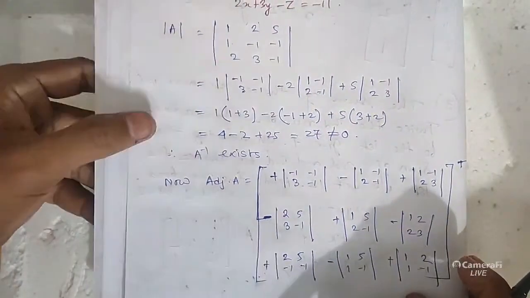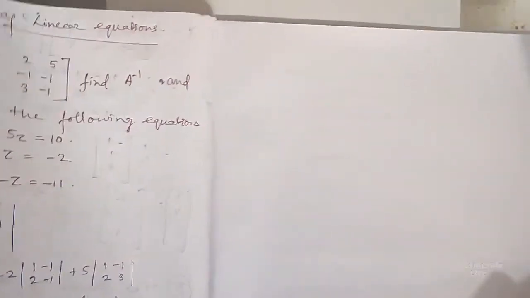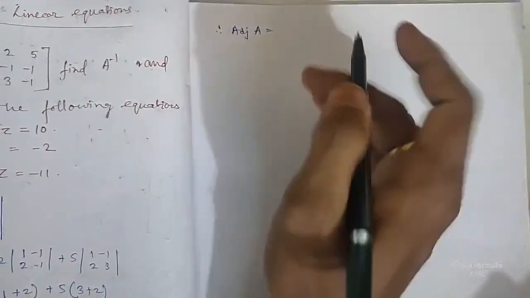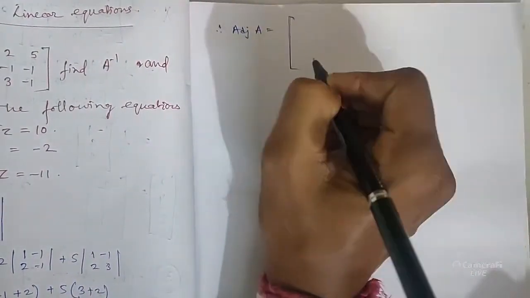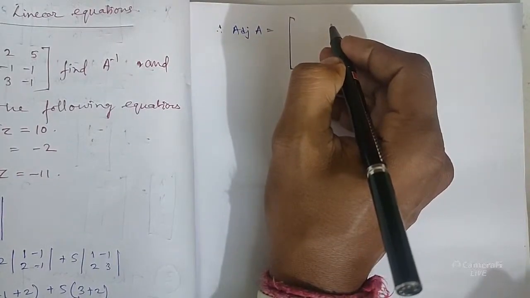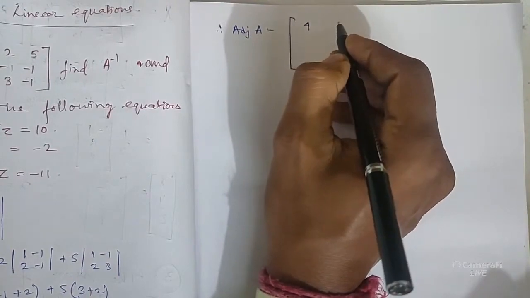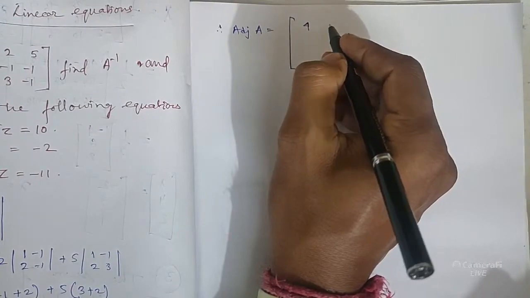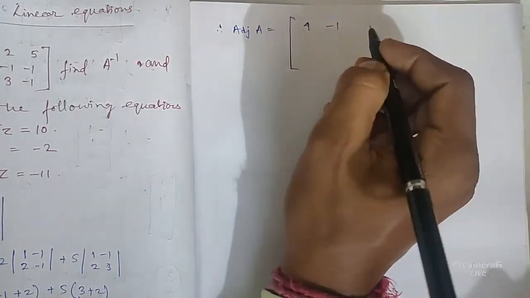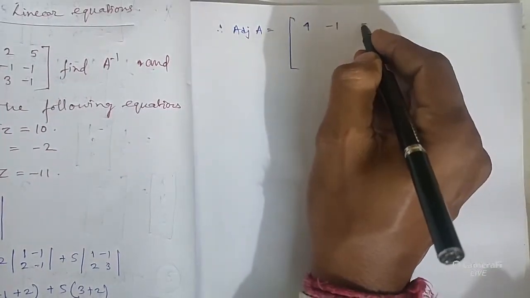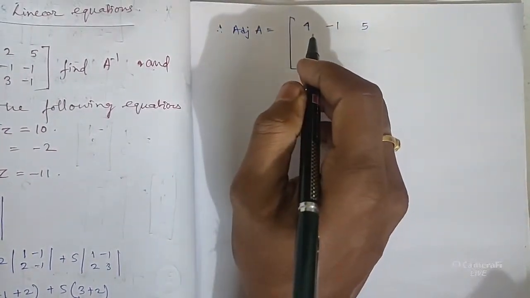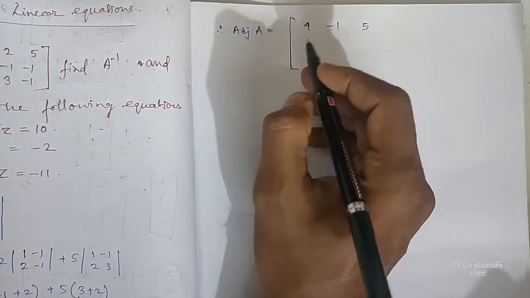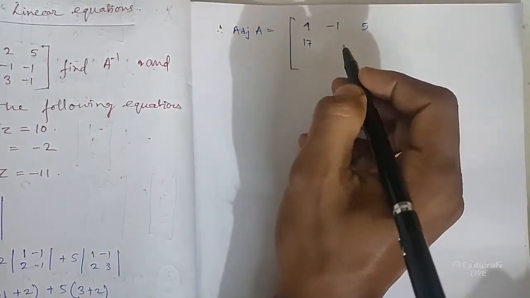So if you calculate, what will you get? Therefore adjoint A is equal to: 1 plus 3, that is 4; then minus 1 plus 2, that is 1, and with the minus sign, minus 1; next 1 plus 2, that is 5. Next minus 2 minus 15, that is minus 17, and with the minus sign, that is plus 17.